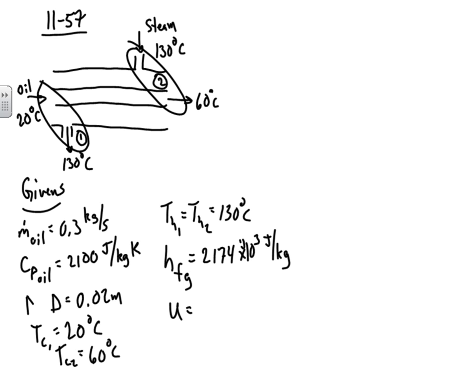It's equal to 650 watts per meter squared Kelvin. We are asked to find two different things: what the heat transfer rate is, and also we want to size this heat exchanger and determine what the length needs to be. All right. So let's get started.